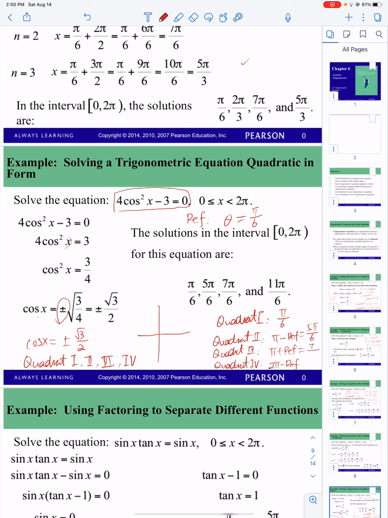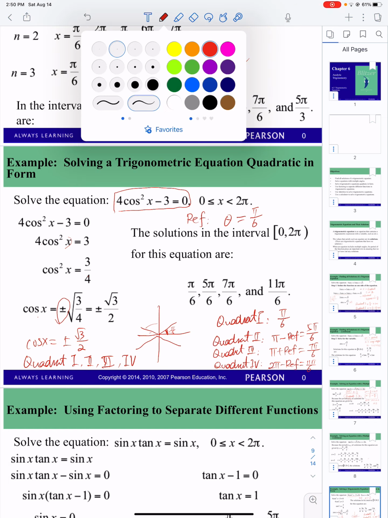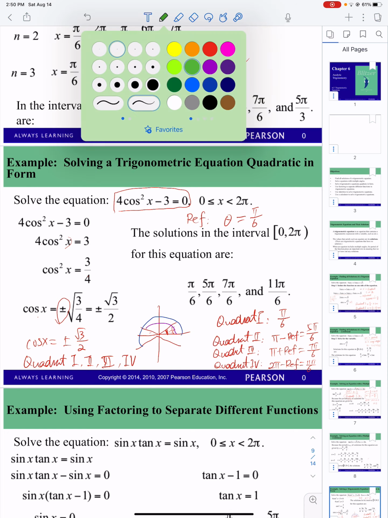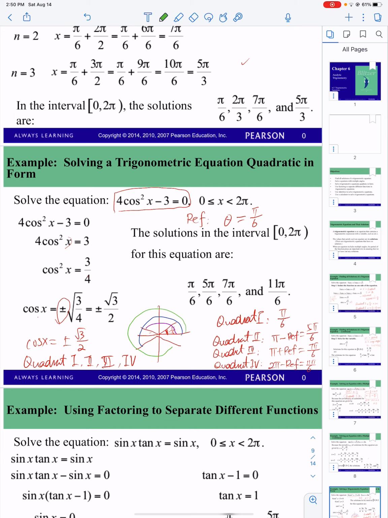Are you with me? So you have to remember the rules. Here this angle is pi over 6. Then we want to find this, which is pi minus the reference, and similarly you have this one, this one, and this one.